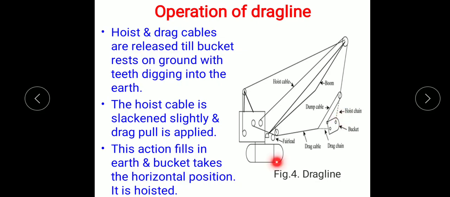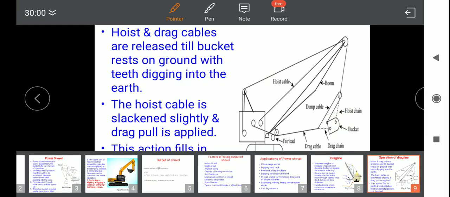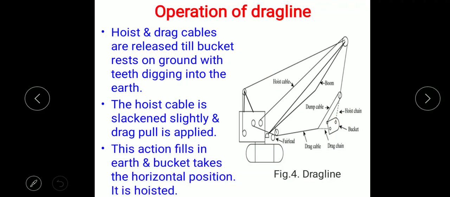So suppose this is a ground surface where I have to carry out the excavation. In this case, after releasing the drag and hoist cable, the bucket will be at this position and the teeth of the bucket are digging into the earth.